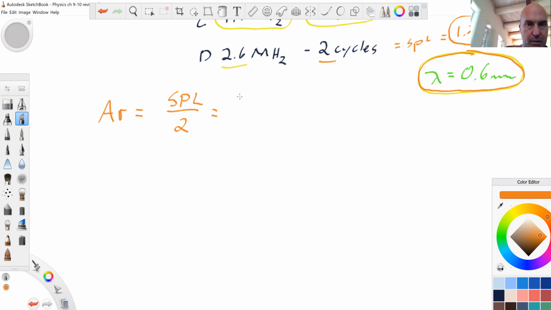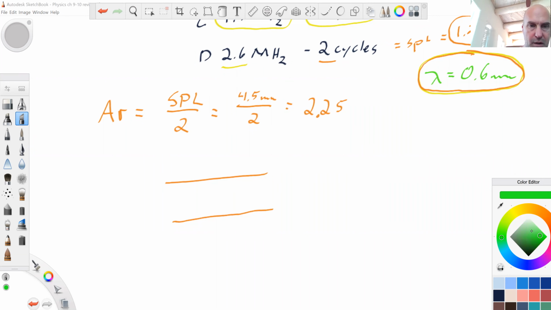So 4.5 millimeters divided by 2 is equal to 2.25. The reason it's divided by 2, and I think it was a little hard to imagine, is that when we have our wave coming down, let's see if our spatial pulse length is that long.